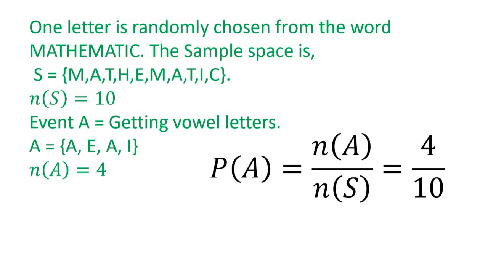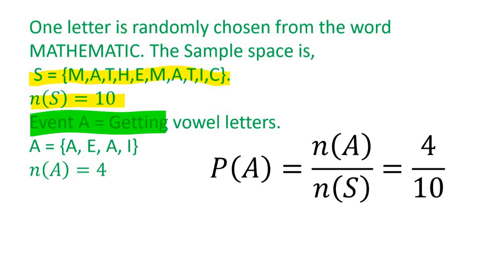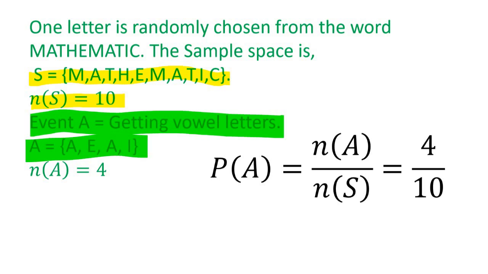So this is another example. Choose a letter from the word mathematics. This is my sample space and this is my number of sample space. Now the event is getting a vowel letter. Based on the events I have in the set, I know that the number of events is equal to 4.